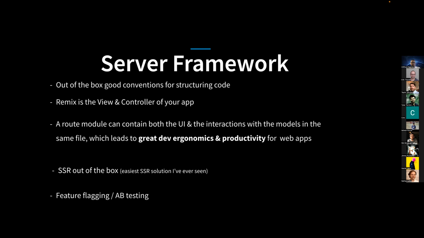At the bottom, feature flags and A/B tests are other things that are very easy to do with Remix because of server-side rendering. You might work on an app or an infrastructure team developing internal tools, and you might put your features behind flags. Or let's say there's a production error.